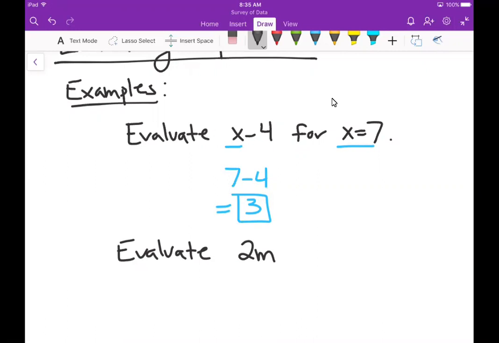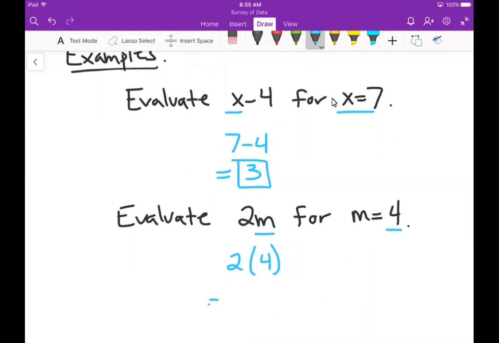So here we're taking 2 times m, and we want to evaluate that for m equal to 4. Okay? So again, what I'm going to do is take that 4 and plug it in for m. I don't see an operation there, so often what we'll do is put parentheses to also show multiplication. So that also means 2 times 4, and 2 times 4 is 8. So we have now evaluated the expression 2m for m equal to 4. And we're done.